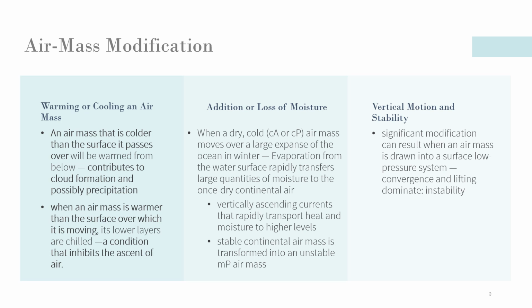Similar changes in stability, I think we've seen, occur when we discussed the mechanisms of rising air. For example, similar changes happen when the air mass is lifted over highlands, so the moist air cools and forms clouds that frequently produce precipitation.